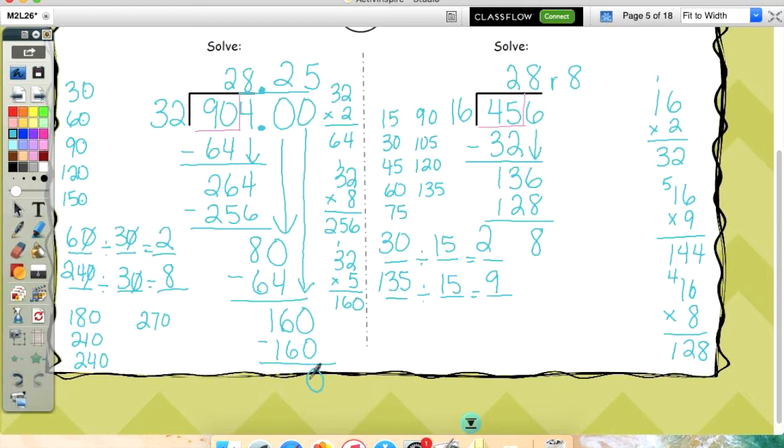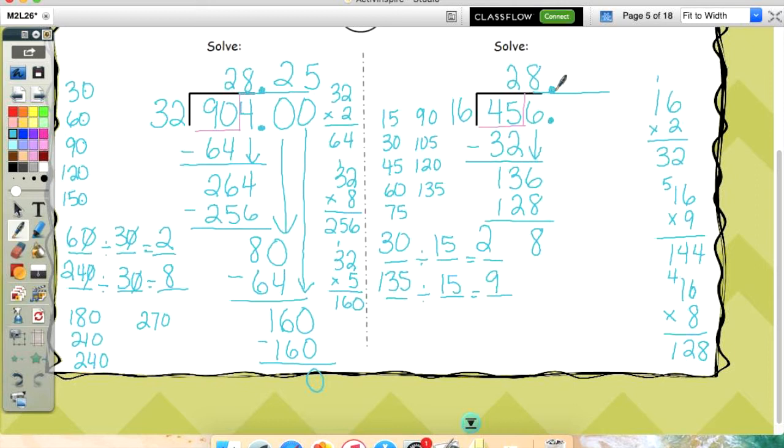Correct? Yes. Okay. Now we've got to do the same thing over here. So take off the remainder. It's okay. So much work. I usually need to lengthen the top of that doghouse.